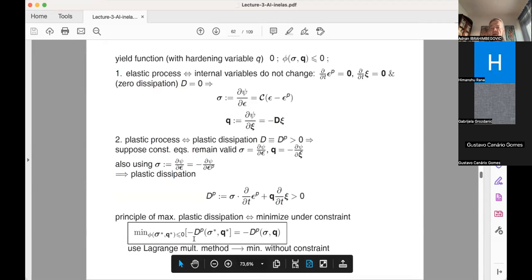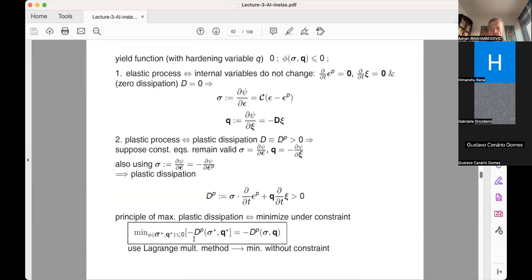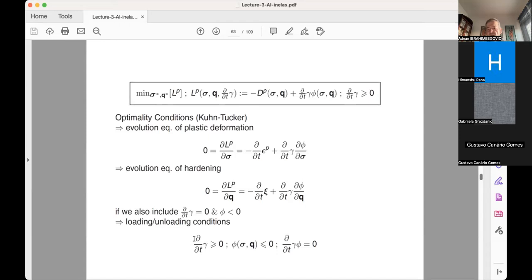And then for the plastic case, we know the plastic dissipation has to be positive, and the goal is now to compute the corresponding evolution equation, which you can obtain by the principle of maximum plastic dissipation. So this gives you this tensor type evolution equation. That is, the rate of the plastic deformation tensor is proportional to gamma dot, the plastic multiplier, multiplying d phi d sigma. So d phi d sigma will be some kind of tensor.